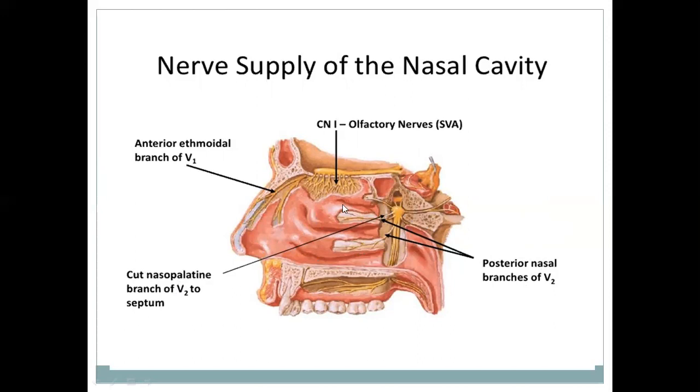So the maxillary and ophthalmic nerves give sensation to other parts of the nose, and the olfactory area is supplied by the olfactory nerve or olfactory mucous membrane. And this area is only for the reception of smell.